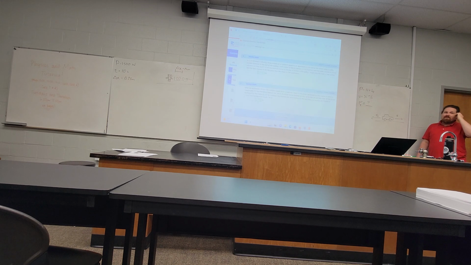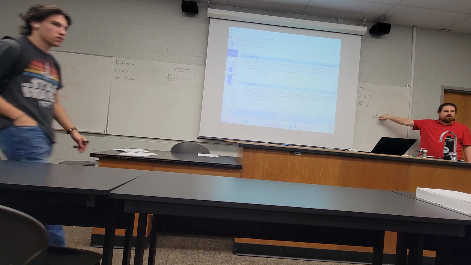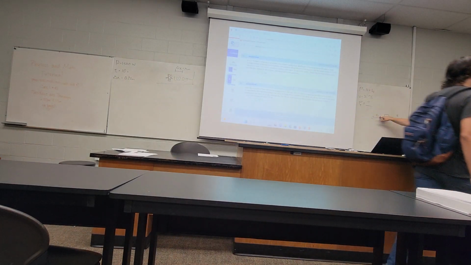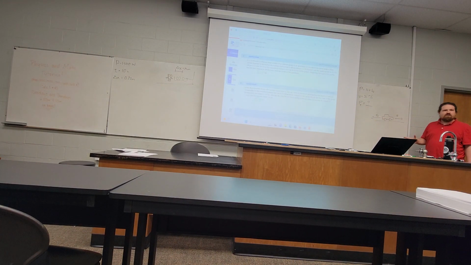And if you're driving at constant speed, what's the relationship between these two things? They add up to 0, yes, because they are equal and opposite. So if we can figure out the force the engine exerts, we can figure out what the force of friction should be. Does that track so far?